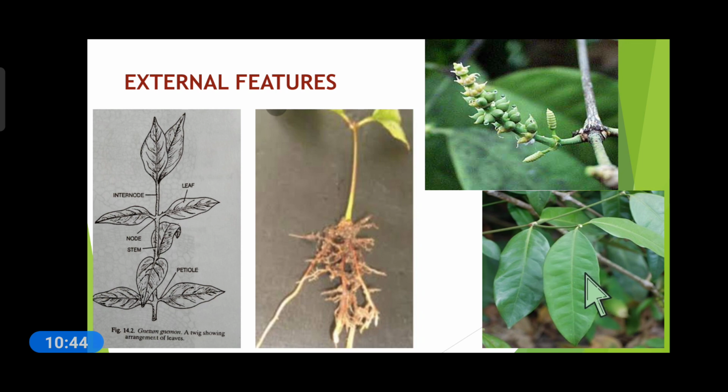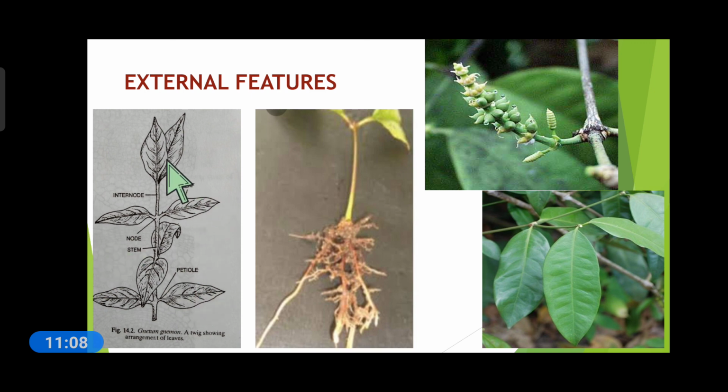And also these leaves usually vary in size and shape even within the same plant. You can see here this is almost ovoid in shape, but this is much more narrow and lanceolate in shape, tapering towards the end.